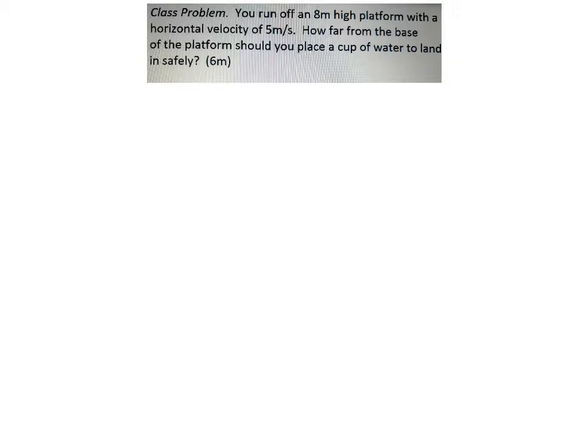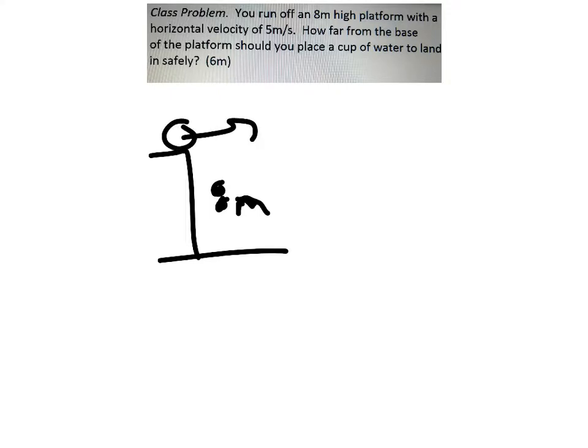In this situation, you run off an 8-meter high platform. So to draw this out, you got this platform that's 8 meters up in the air. That's an 8. So you're going to run off this platform and ultimately fall 8 meters into the water below. Now you ran off horizontally.